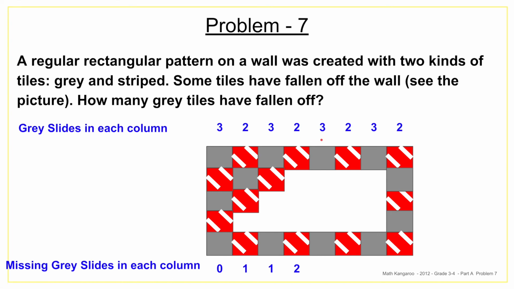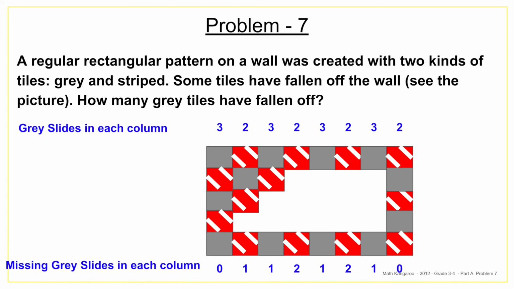Next column, there should be 3 gray tiles, but we see 2 left, so 1 gray tile is missing. There should be 2 gray tiles, but we do not see any, so all the 2 gray tiles are missing. There should be 3 gray tiles, but we see only 2 left, so 1 gray tile is missing. 8th column, nothing is missing, so we mark it as 0.